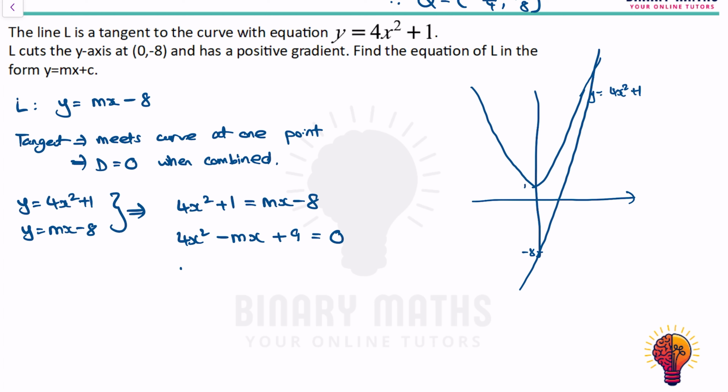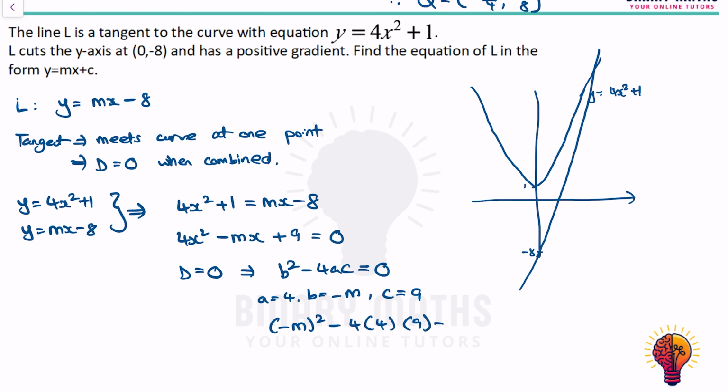If the discriminant is equal to 0, this implies b squared minus 4ac is equal to 0. In this case, a is equal to 4, b is equal to minus m, and c is equal to 9, which means (minus m) all squared minus 4 times 4 times 9 is equal to 0, which means m squared take away 144 is equal to 0, which means m squared is equal to 144.